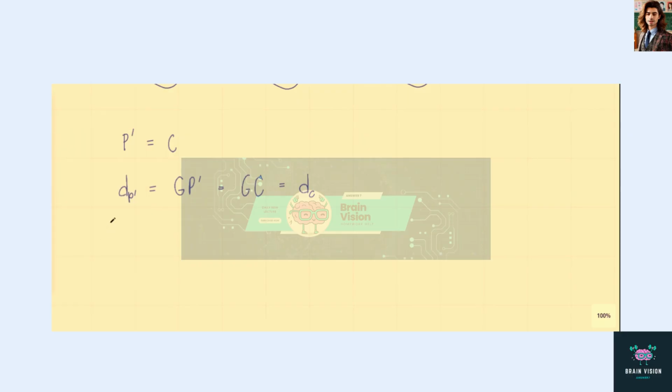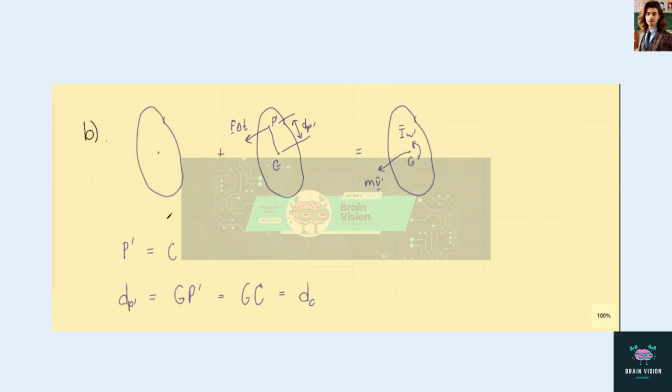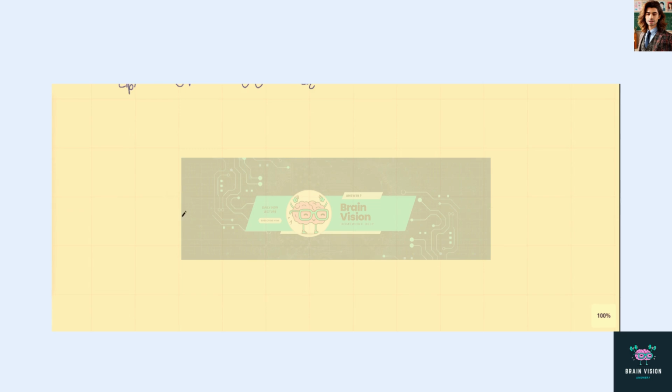So now the system's initial momenta plus the system's external impulse is equal to the momenta of the particles after. So again, we're using the conservation of momentum here. And we'll do what we did above.